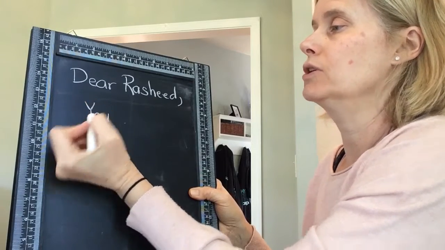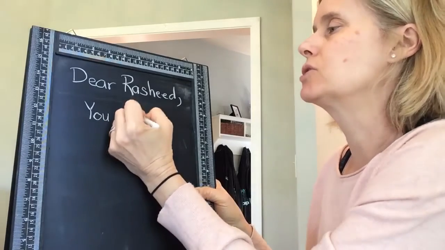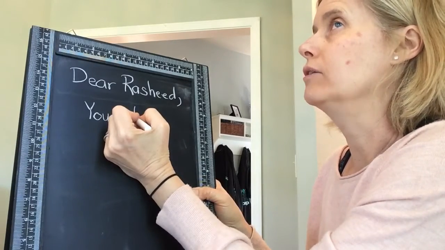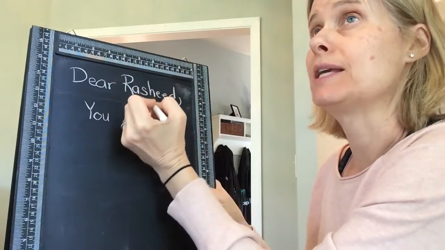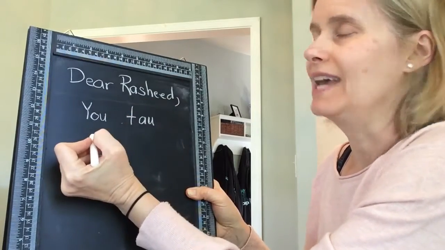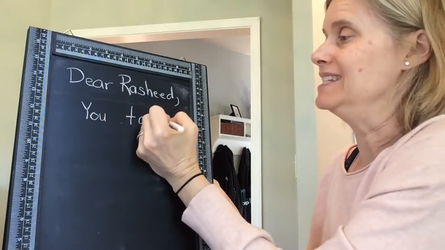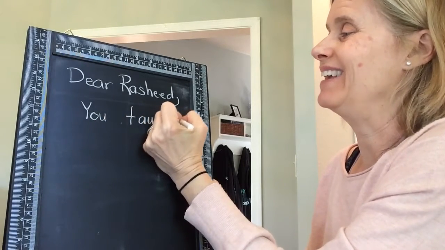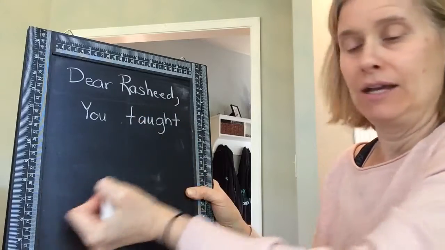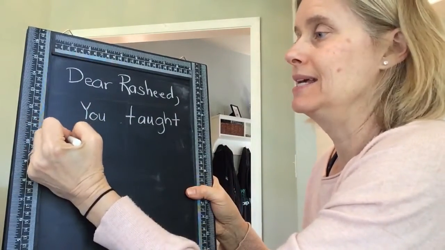Dear Rashid, you taught us something. Taught is not a word wall word, but let's see if we can figure it out. That's a vowel team, that's A-U, and then taught. And I'm going to tell you a little trick with this one. This is one of those little tricky parts. It's that G-H-T again, kind of like enough. It's almost like that. You taught us something.